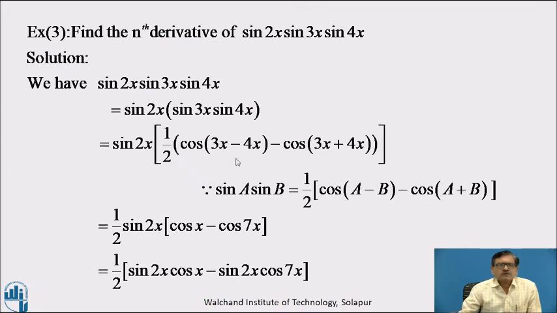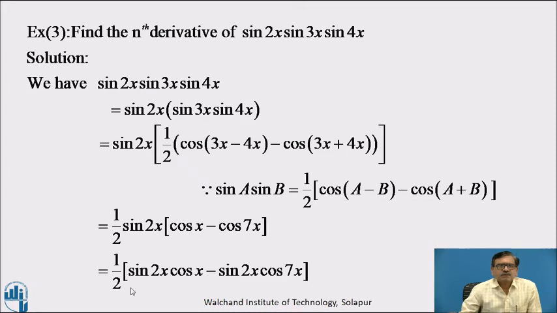Now which is equal to, taking this 1 by 2 outside, 1 by 2 sin 2x into cos of 3x minus 4x, and cos of 3x minus 4x is cos of minus x, that we can write cos of x because we have cos of minus theta is cos theta, minus cos of 3x plus 4x we can write cos of 7x.